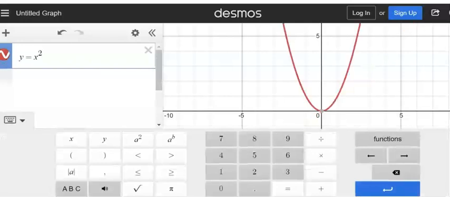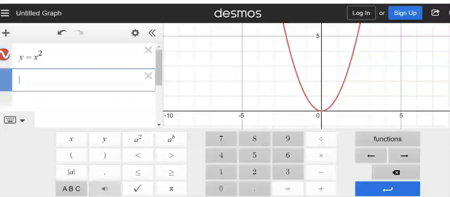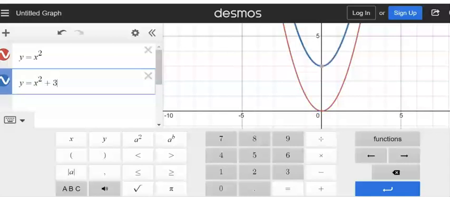There's the parent function, correct? Everybody see it up there? Right? Let's do the next one. What is it? Y equals what? X squared plus 3, is that it? Okay? So y equals x squared plus 3.